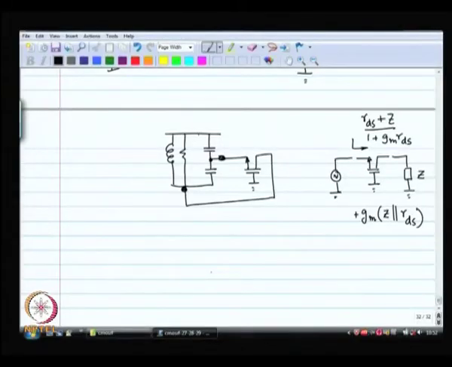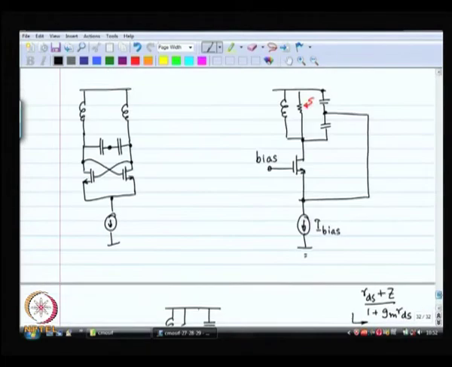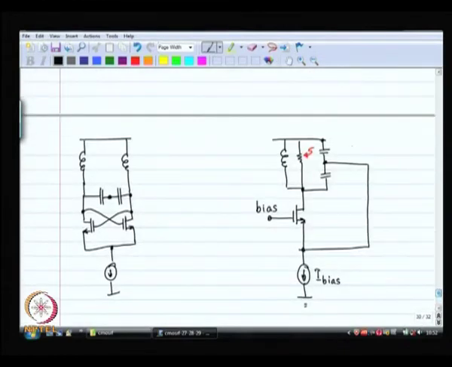You can do a detailed analysis, it is not terribly difficult to do a detailed analysis of the Colpitts oscillator, and you can show that the frequency it will oscillate at is basically the tank frequency. So, this is my L and the C is the series combination of C1 and C2. That is the typical frequency of oscillation, that is the tank, right, L, and you split up the capacitor into 2 pieces. So, that is why I am saying series combination of C1 and C2.